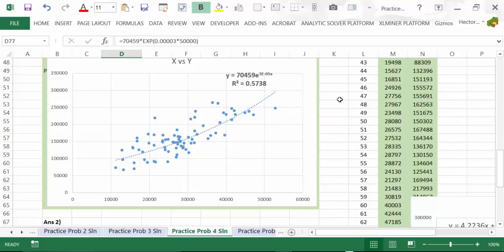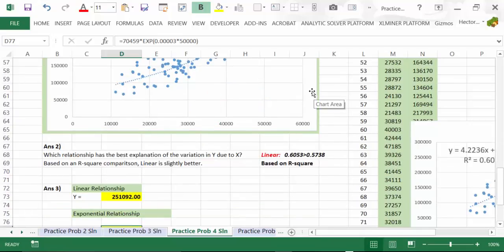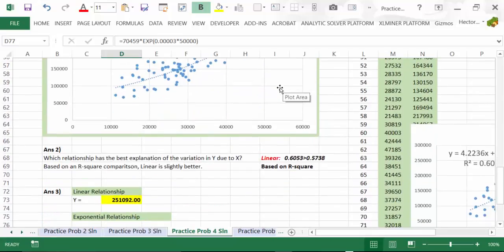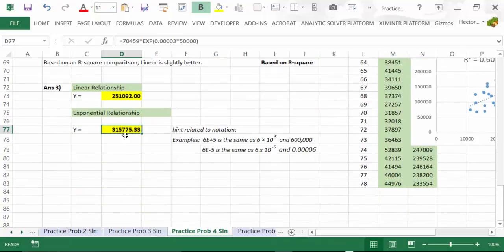So 3 times e minus 0.5 suggests that we have 3, and we move the decimal place to the left 5 places. So that results in a value of 1, 2, 3, 4, 5, decimal place here, here's 3, and of course that's multiplied times x, 50,000, and here's the value we get.